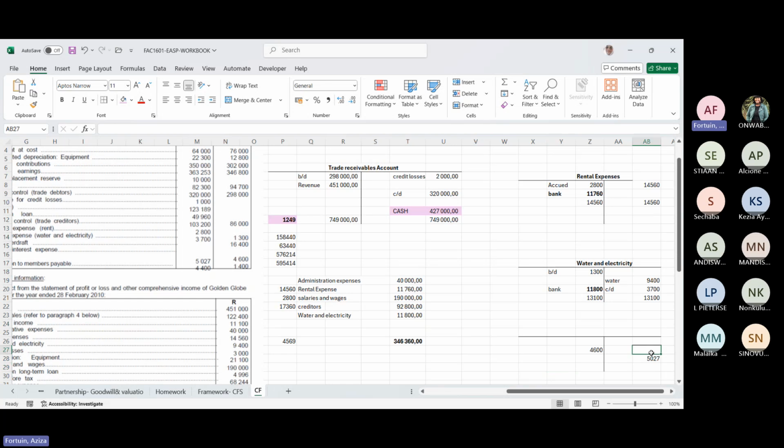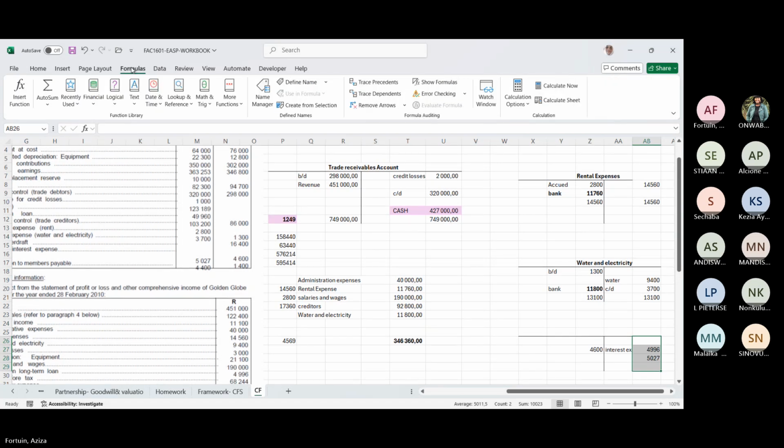Okay. And then let's put down the amount given to us in the statement here, the interest. The interest here on long-term loan is 4,996. $10,020.